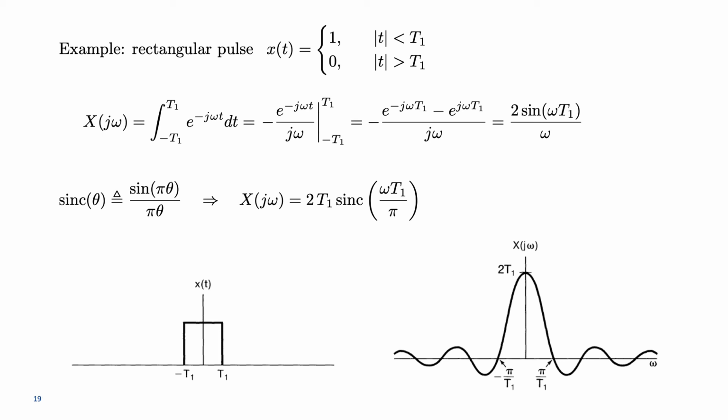They're also equally spaced. Let's notice that the first zero, so the first crossing of the x-axis, or the omega axis in this case, occurs for pi over T1. The next crossing would be for 2 pi over T1. So all of them for integer multiples of that quantity.